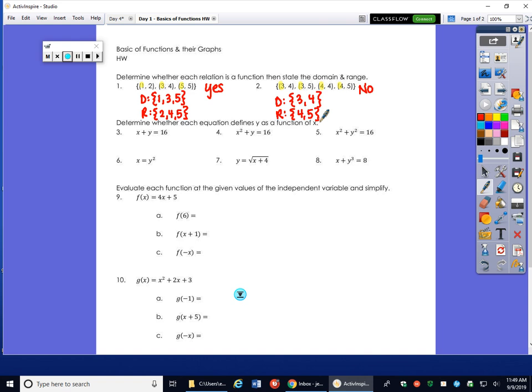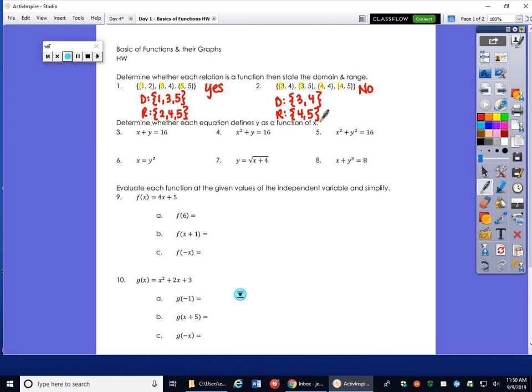Y squared, on the other hand, gives us a side parabola, or a circle for that matter, if there's a y squared with an x squared. But y squared is never a function. So when you're looking at these equations, you can look at which one is squared. If only x is squared, it's a function. And if y is squared, it is not a function, okay?